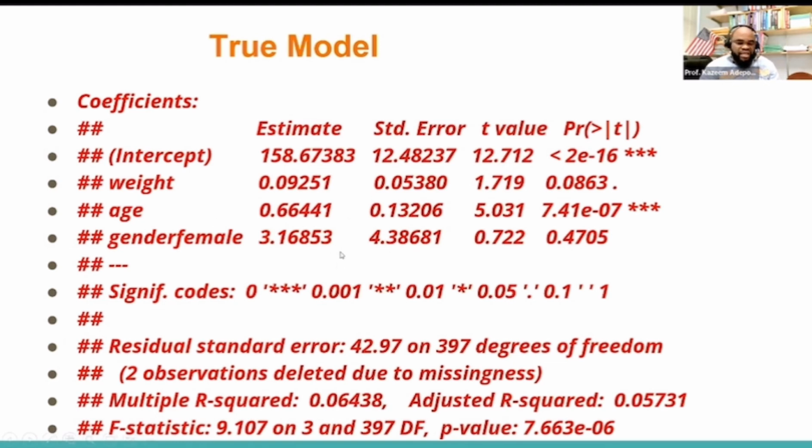And of course, the assumption in the multiple linear regression here is that the error follows a normal distribution. And when the error follows a normal distribution, we expect the regression coefficients, the intercept and the slopes associated with weight, age, and gender, to follow a normal distribution.